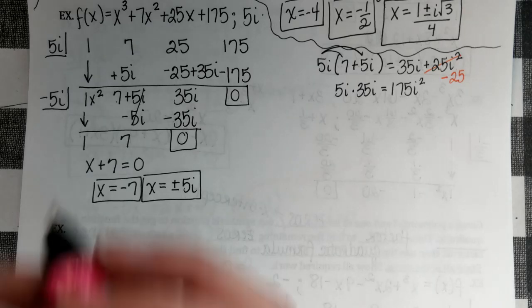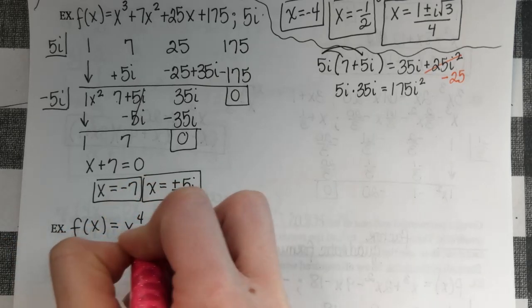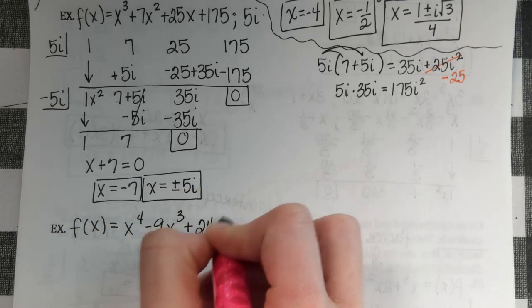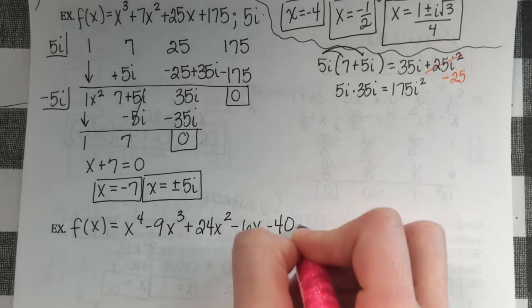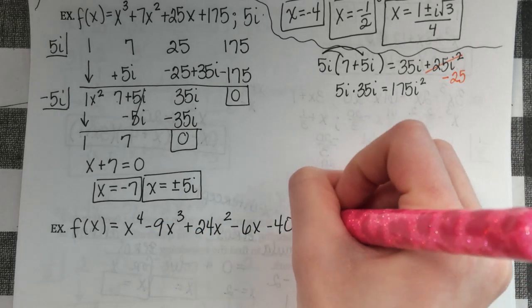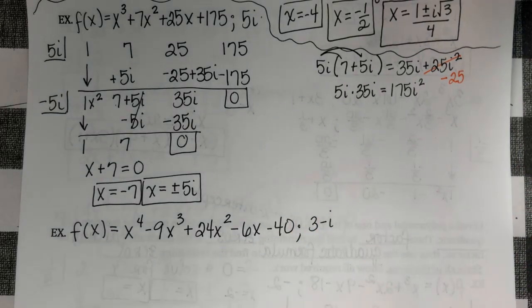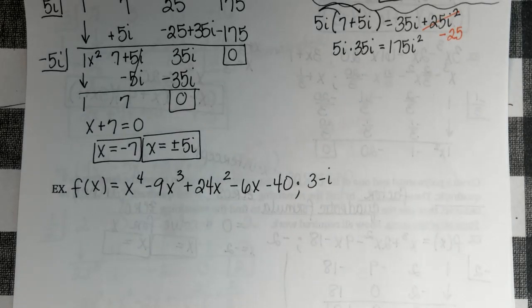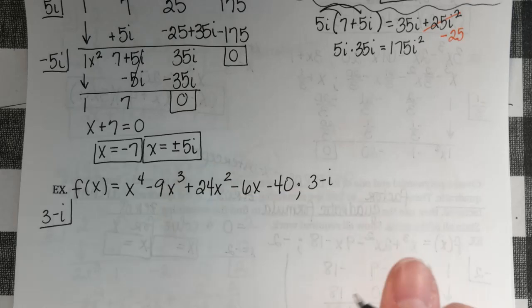Okay, so if I have f of x equals x to the 4th minus 9x cubed plus 24x squared minus 6x minus 40, and now I give you 3 minus i. Okay, I'm still going to set it up 3 minus i over to the left.